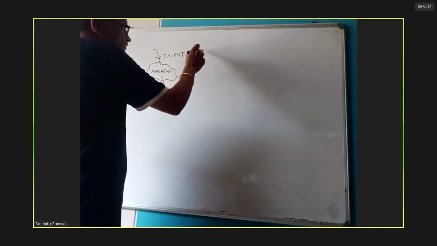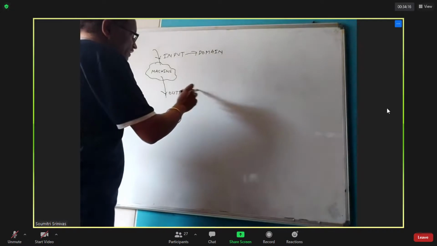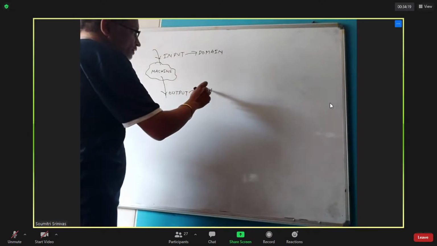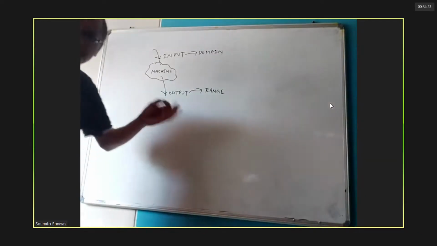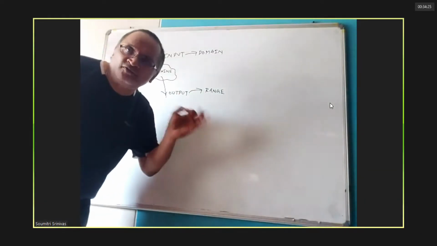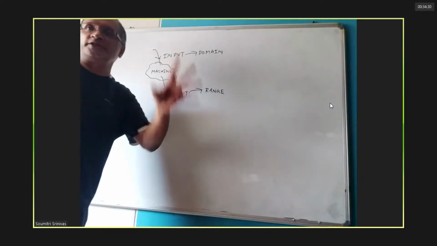Collection of inputs is called the domain of the function. Collection of outputs is called the range of the function. Simplest form of function definition: input, output; input domain, output range.